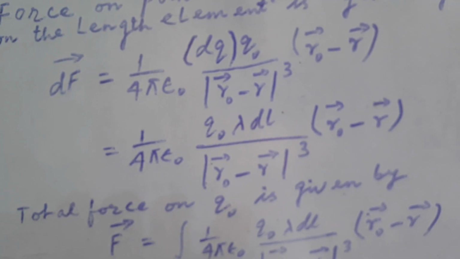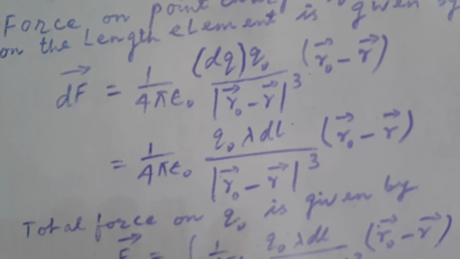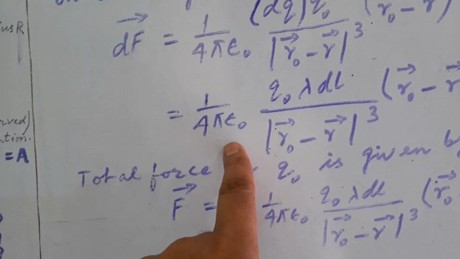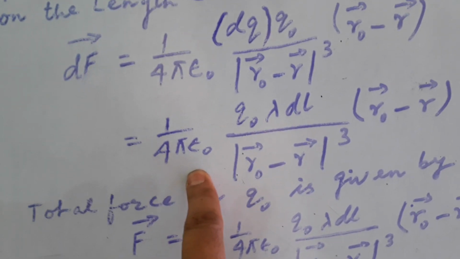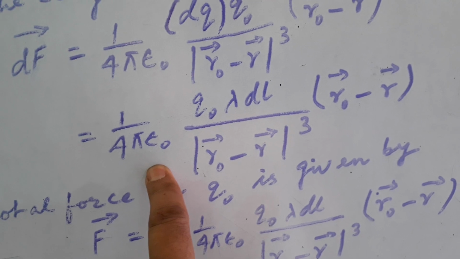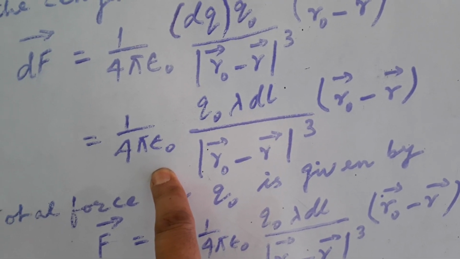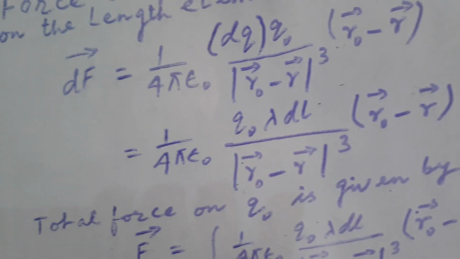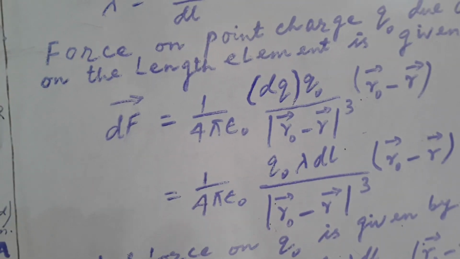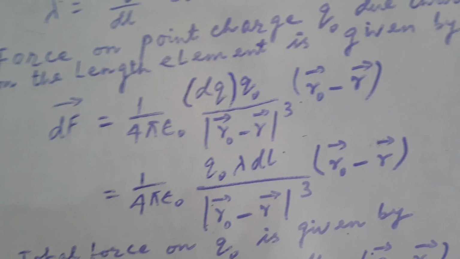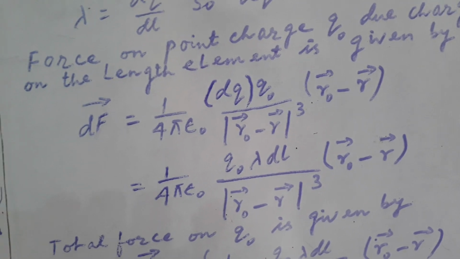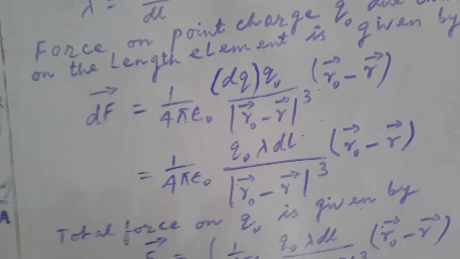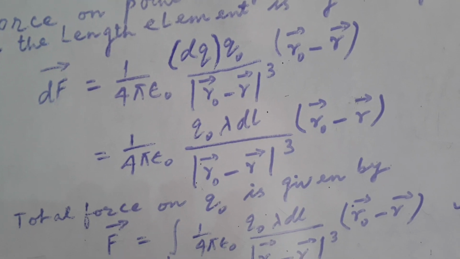Now putting the value of dq, we get the force in this form, 1 by 4 pi epsilon naught, q naught lambda dl by modulus r naught minus r whole cube into r naught minus r. So this is the small force exerted by a small charge element on point charge q naught.